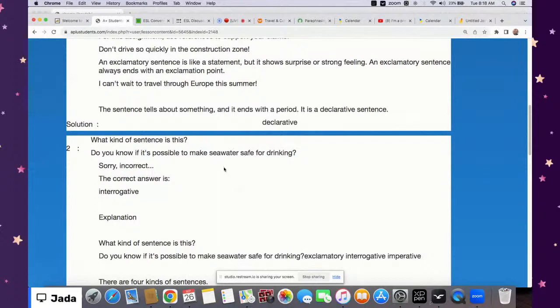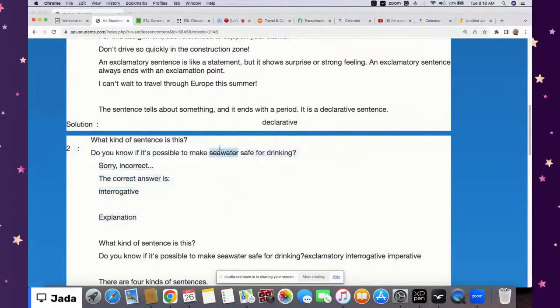Thank you guys. All right, so do you know if it's possible to make seawater safe for drinking? What kind of sentence is this? It has the question mark, so that's the interrogative. It's asking a question, right?